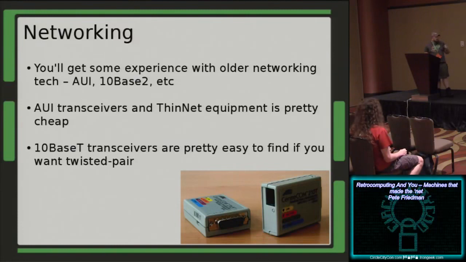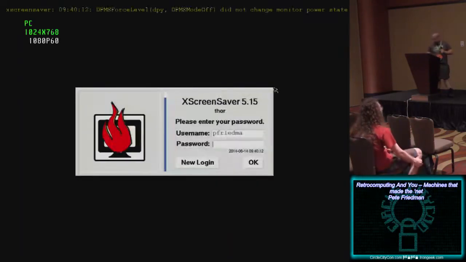You can find AUI twisted pair transceivers for like $5. Pretty easy to come by. A lot of machines of this vintage, if they have an integrated network card, will have an AUI interface. So if you don't want ThinNet, you can pop a transceiver on it, and then you're good to go.